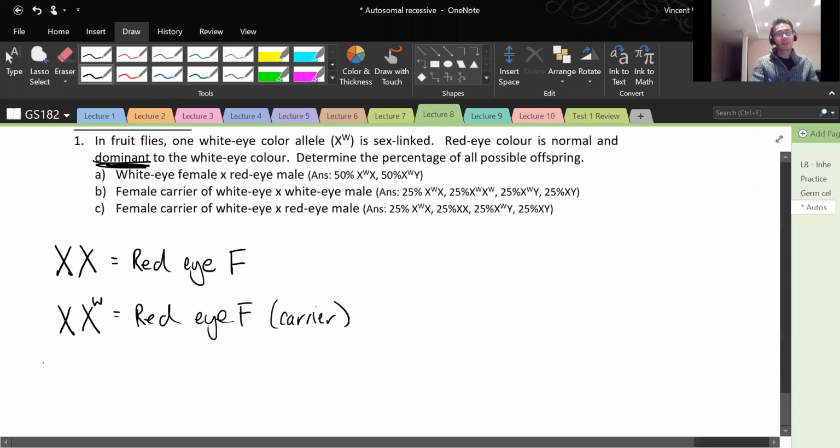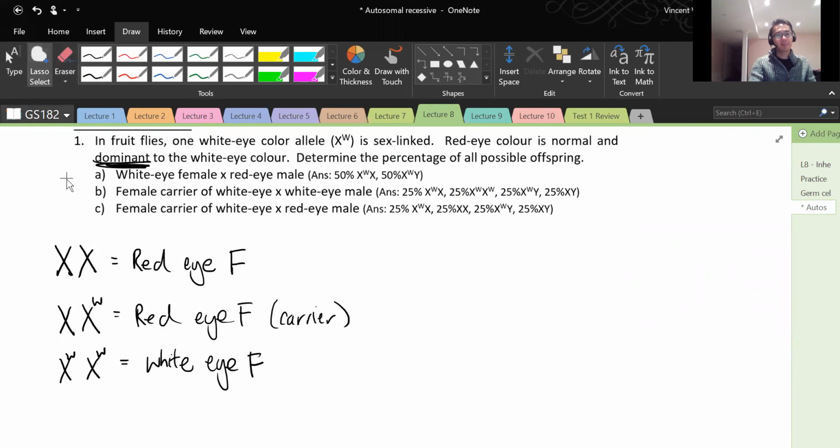So the only way for the female fly to have a white eye is X^W X^W, which is white eye. Okay. What would a red eye male look like, the genetic makeup? Anybody?